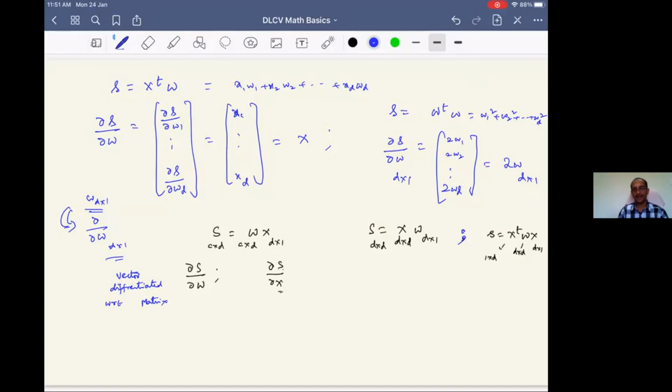It's a tensor, a third dimension will come in. This ∂S/∂X is what? A vector differentiated with respect to another vector. Even in this case, if you try to write ∂S/∂W.